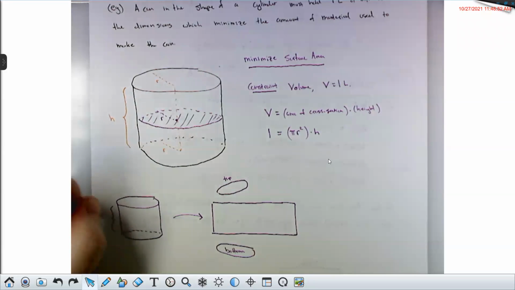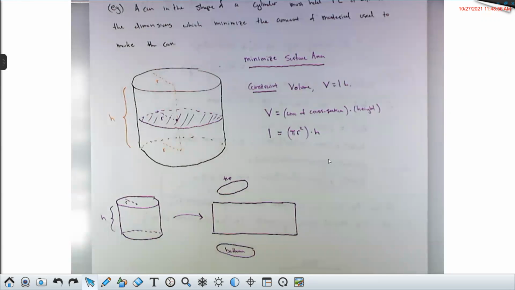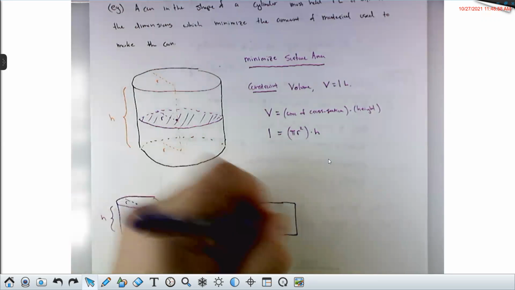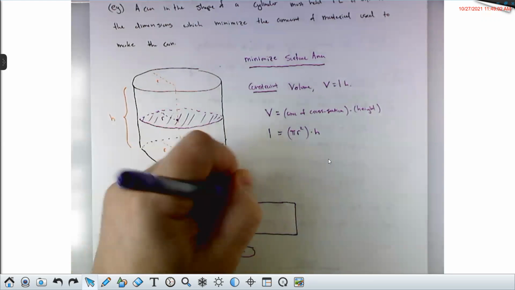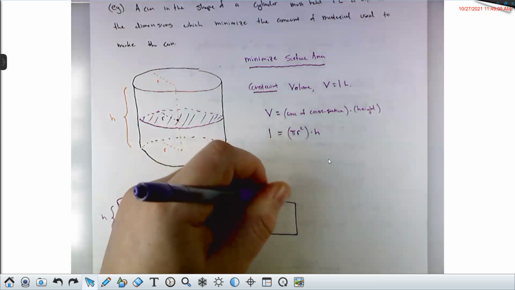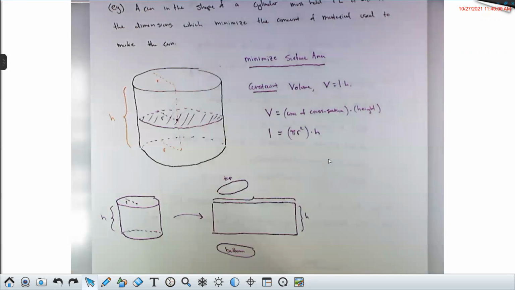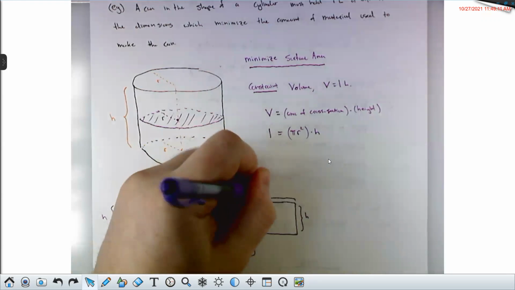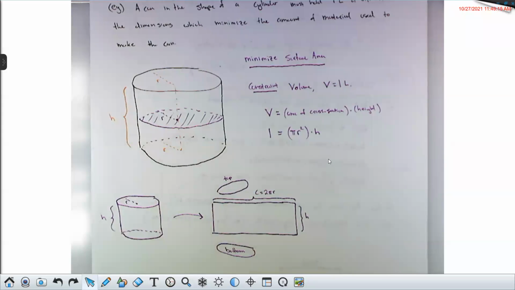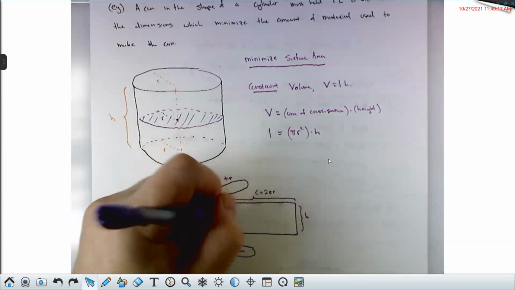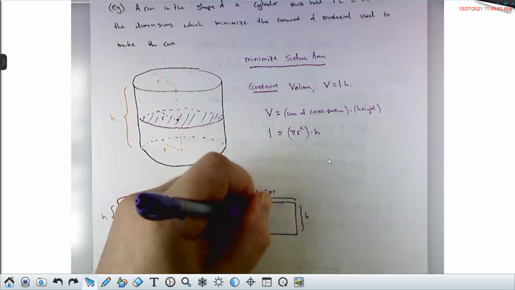So if this is your height and this is your radius, what is this dimension? This would still be your height. 2 pi r. Very good. It's the circumference, which is 2 pi times the radius. So this piece has area 2 pi r h.